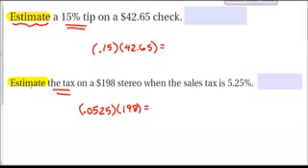Notice these problems are asking us to estimate though. So while this will get us an exact value, an estimate is a little bit easier to come up with. We're going to round this to about $43.